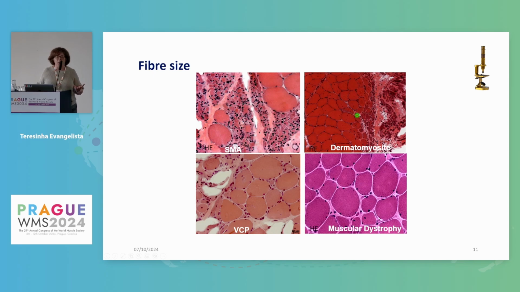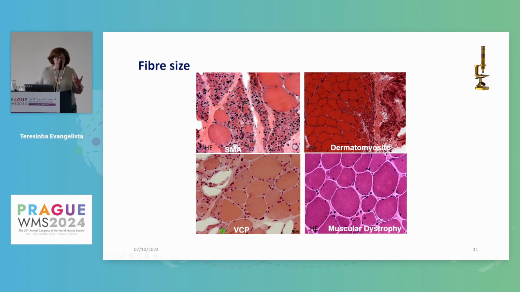If you go into this one, you see that the fibers at the periphery of the fascicles are atrophic. This is what we call perifascicular atrophy. There are other pathologies, but we find this particularly in dermatomyositis. In a muscle dystrophy, and this is similar to all of them, there is a variability in the fiber size with atrophic and hypertrophic fibers.